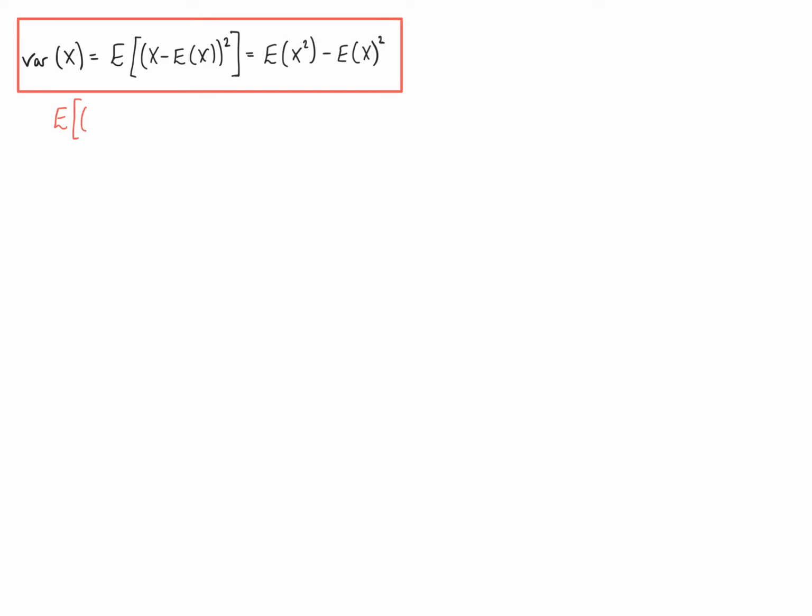So, in order to analyse this, let's just start by writing down the definition of the variance, which is the expected value of (x minus E of x) squared. Now we're going to begin by squaring the brackets inside the expectation.